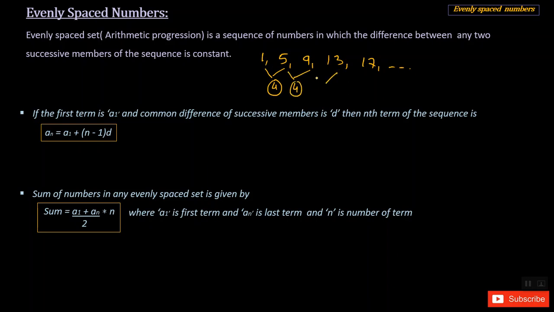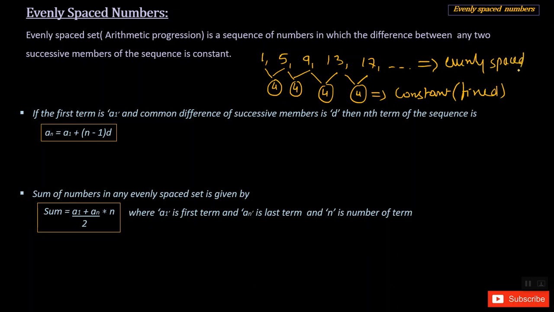The difference 13 minus 9 is 4. 17 minus 13 is going to be 4 and so on. If this difference is constant, or fixed, such a sequence is called evenly spaced numbers or an evenly spaced sequence, right? So this is the way of representing it.